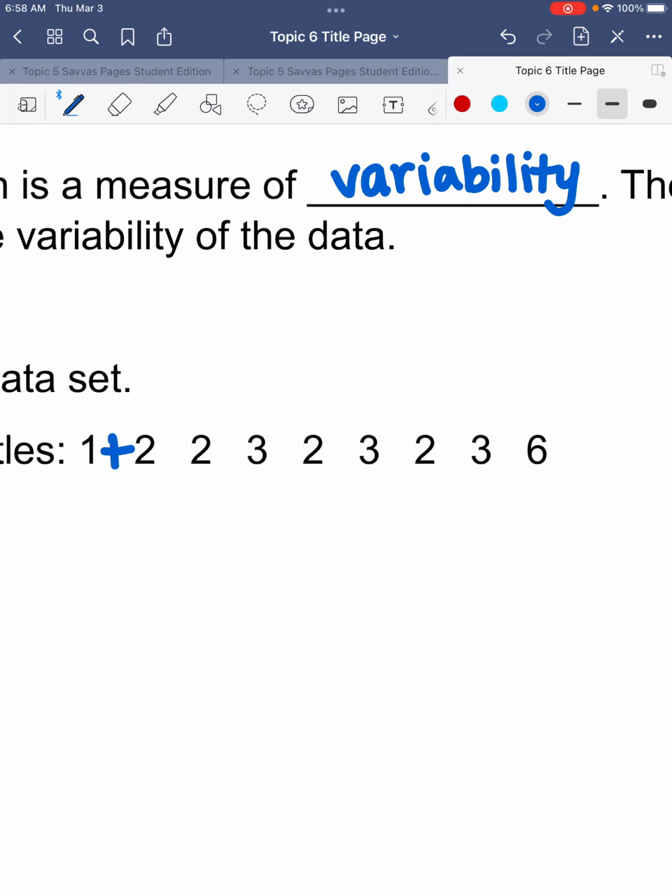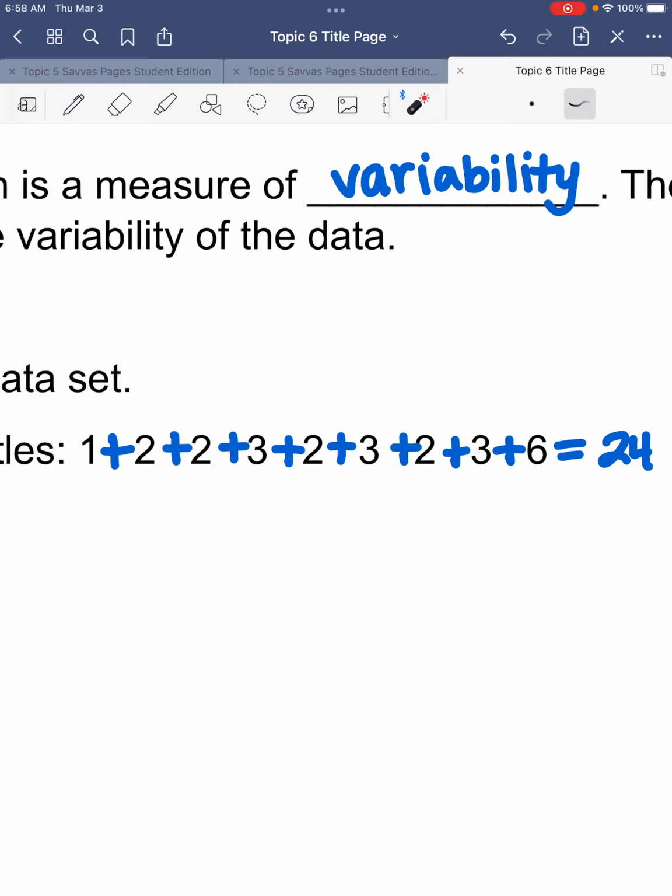So 1 plus 2 is 3, plus 2 is 5, plus 3 is 8, plus 2 is 10, plus 3 is 13, plus 2 is 15, plus 3 is 18, plus 6 is 24. You could use a calculator to do that if you want, but I've got 24. Now I've got to divide that by the total number of terms.